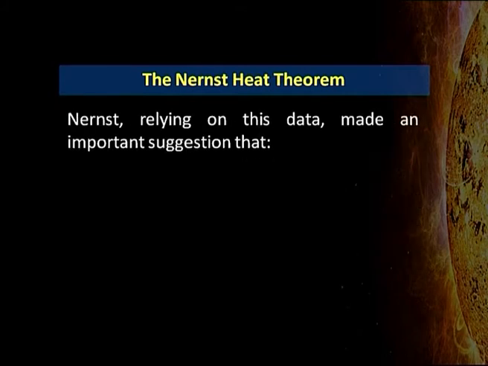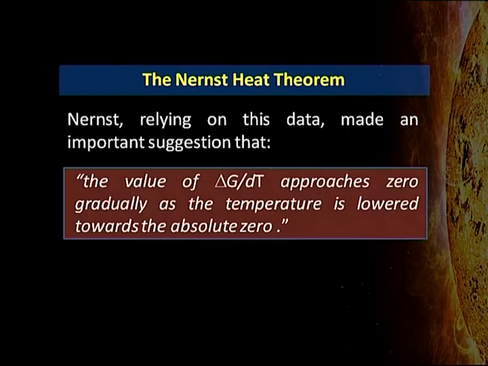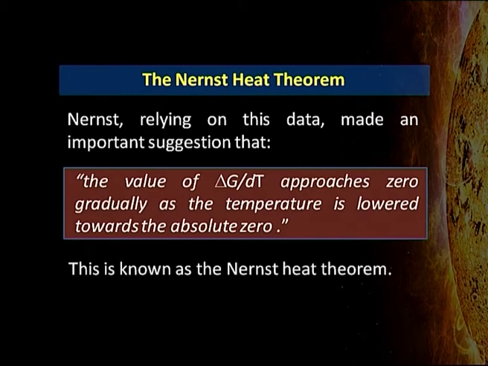Nernst, relying on this data, made an important suggestion that the value of d delta G by dT approaches 0 gradually as the temperature is lowered towards absolute 0, and this is known as the Nernst heat theorem.